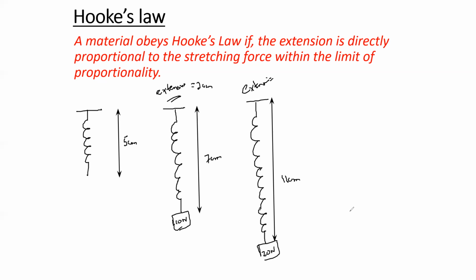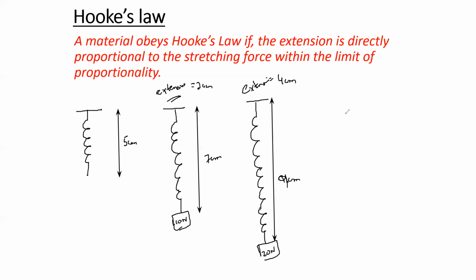Originally it is 5. First it was 5, then I attach a load of 10 Newton, it is 7, so extension is 2. Then I attach a load of 20 Newton, now it is 9 centimeters, so what is the extension? Extension is 4.